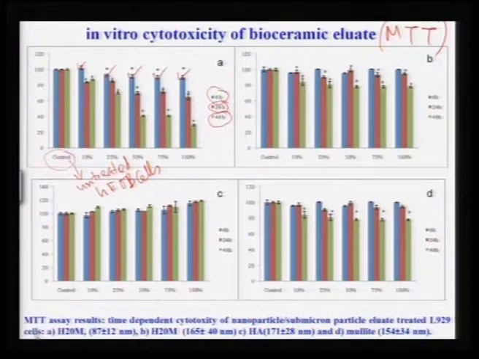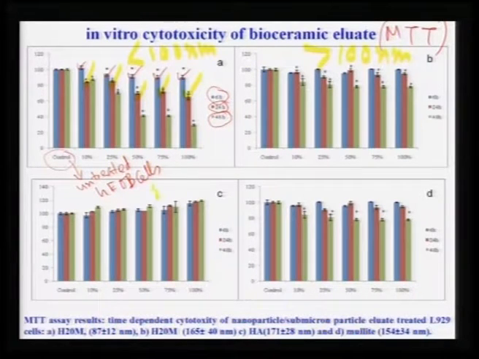Now, after 24 hours, you see that the number of cells has decreased for all concentrations. Agree with that? Okay. And this is the case for the less than 100 nanometer particle size. This is the case for the greater than 100 nanometer particle size.